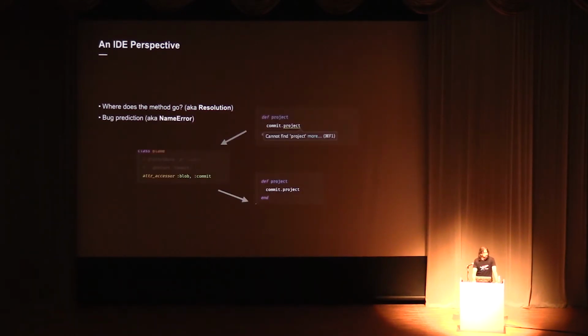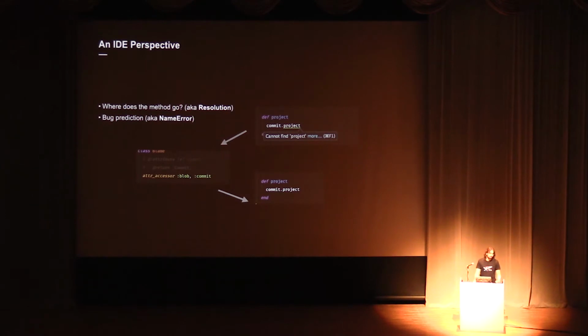The second one, which is interconnected with and dependent on symbol resolution, is code verification and bug prediction. In this snippet, we try to resolve the project property on the commit variable. If we don't know what type the commit variable has, we don't know whether it's a bug that we try to send the project method.